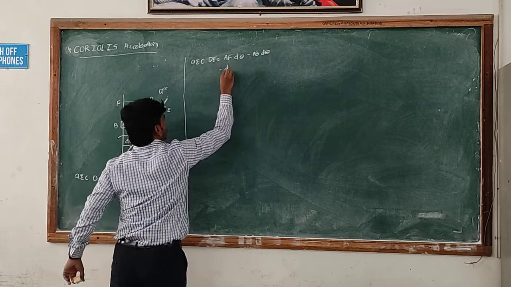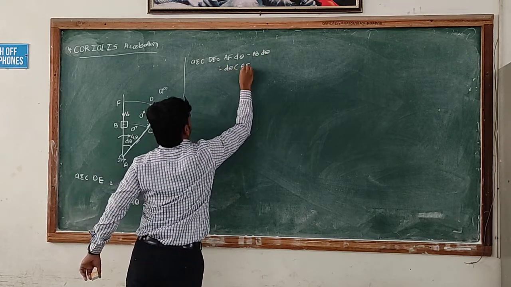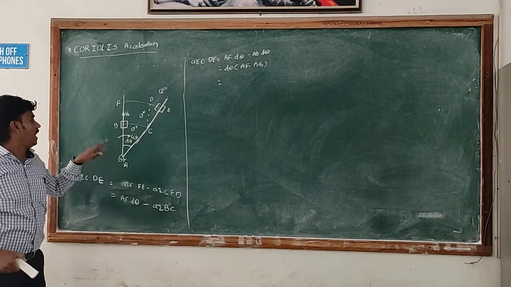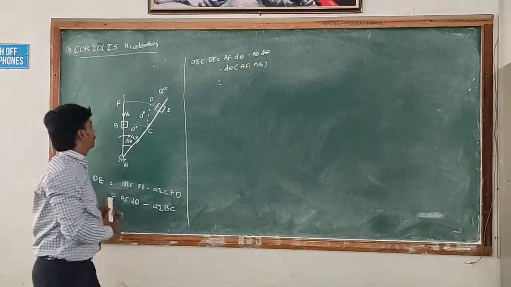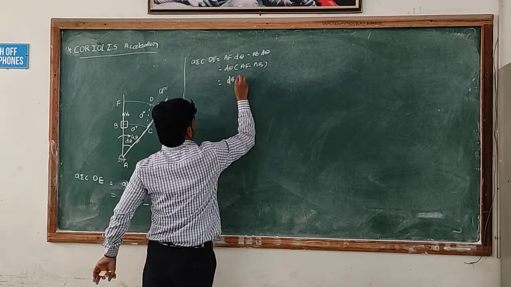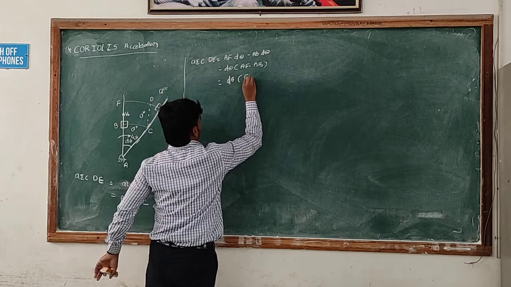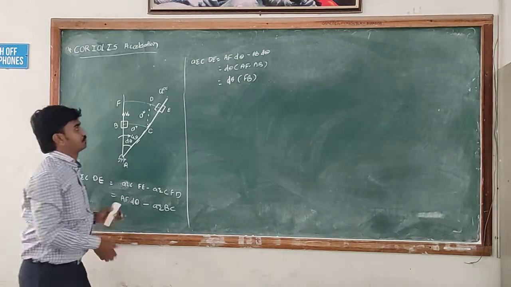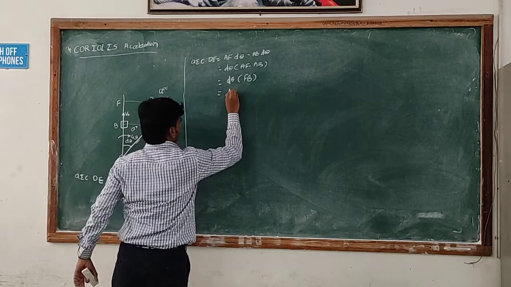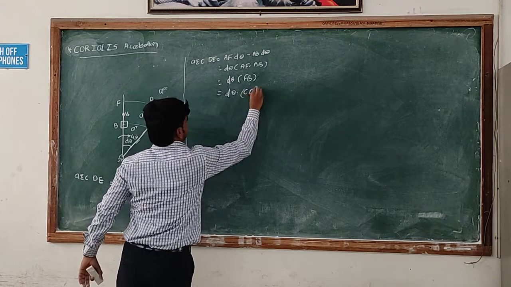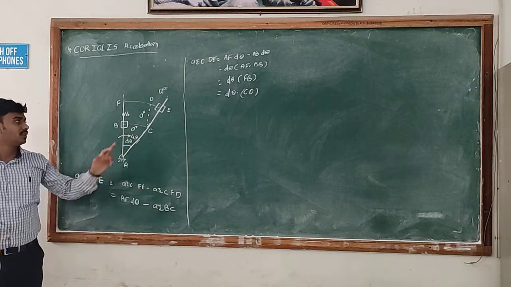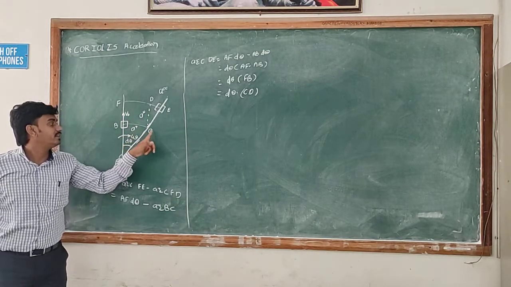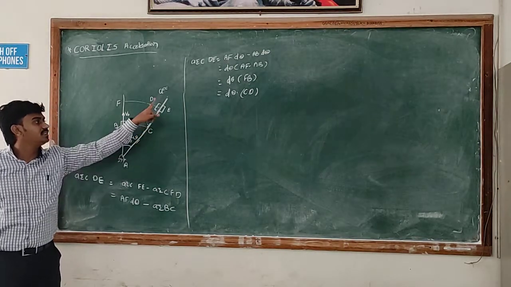If we take d theta as common, it is AF minus AB, that is equal to FB, and FB is equal to CD. So DE is equal to d theta into CD, where this distance is CD.